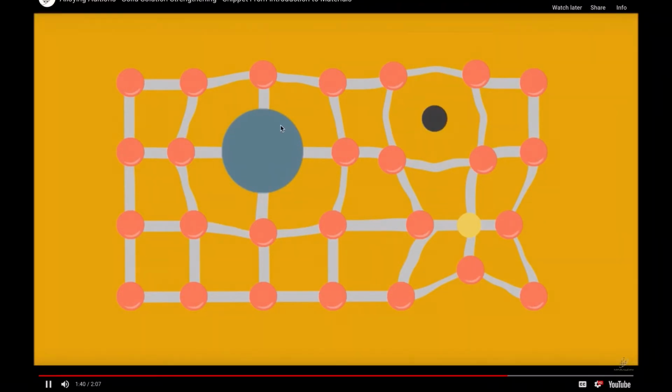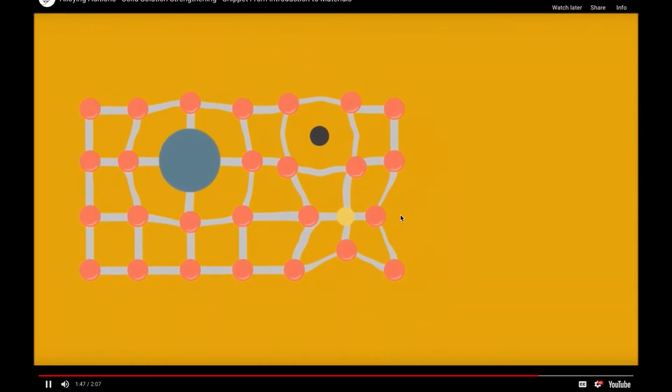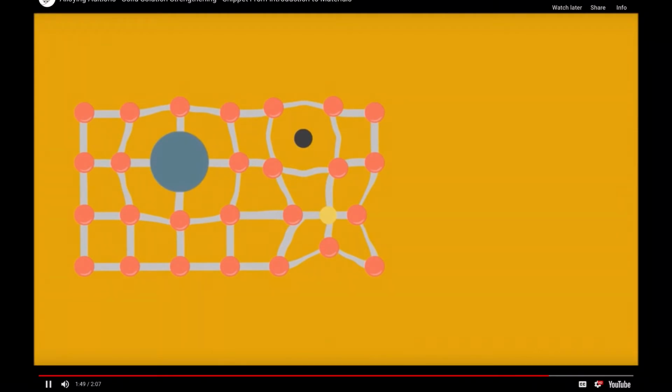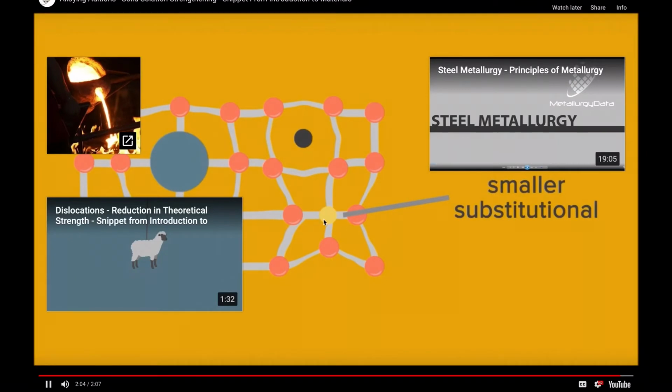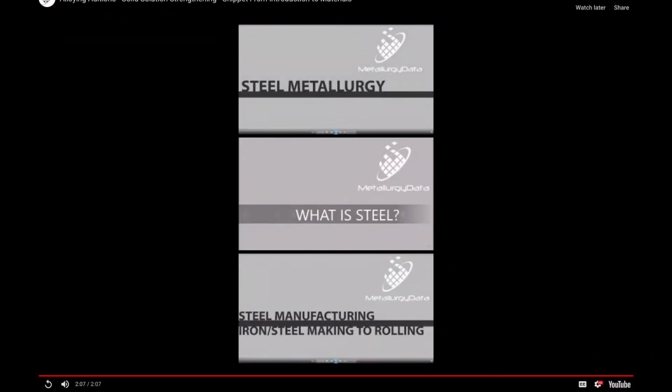The large one will disrupt, and the small one also disrupts, because it will at least disrupt the bonding of the atoms. This is interstitial, this is substitutional, and this is a smaller substitutional. I'm giving you a suggestion to watch the whole video.